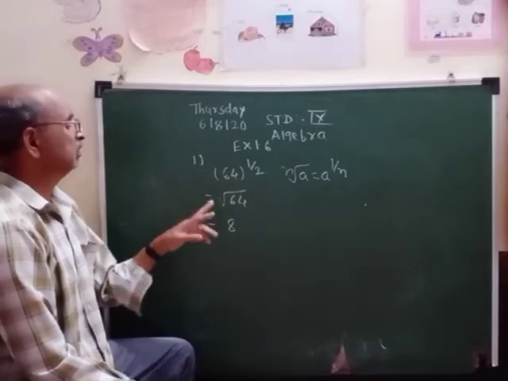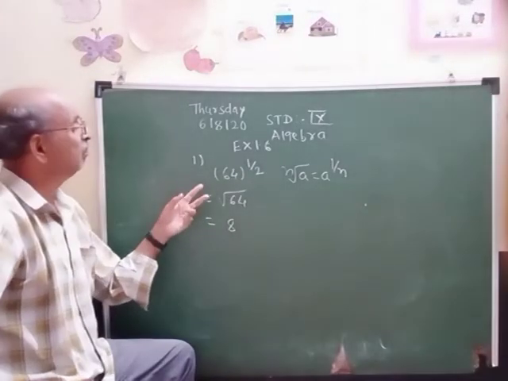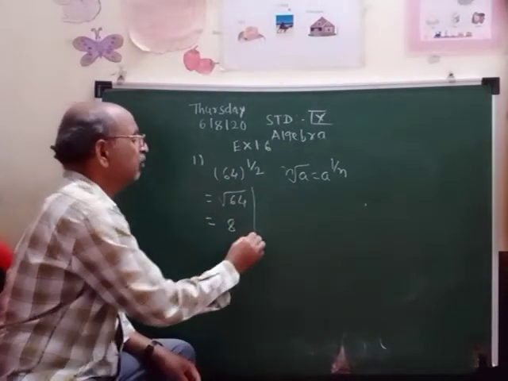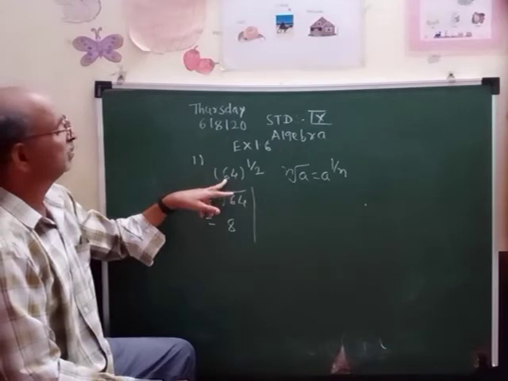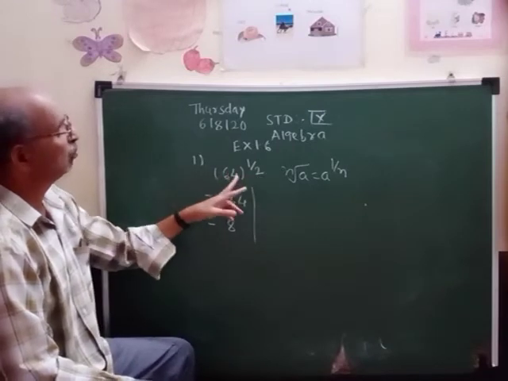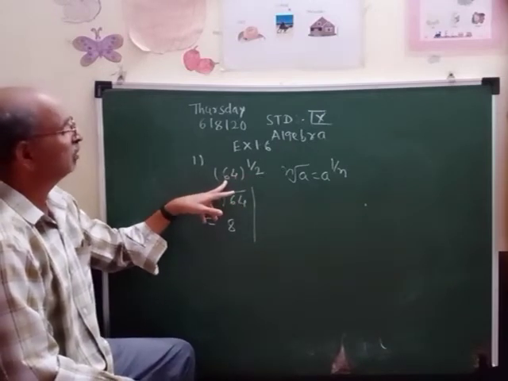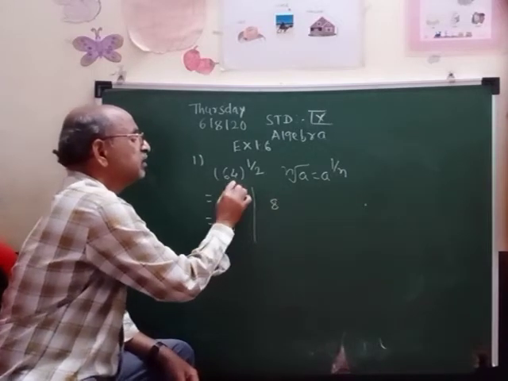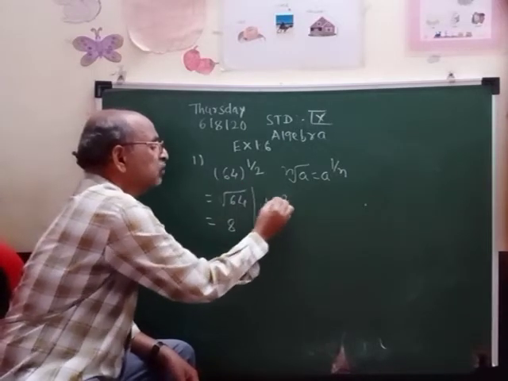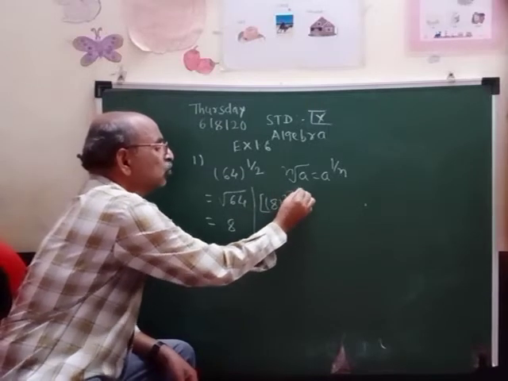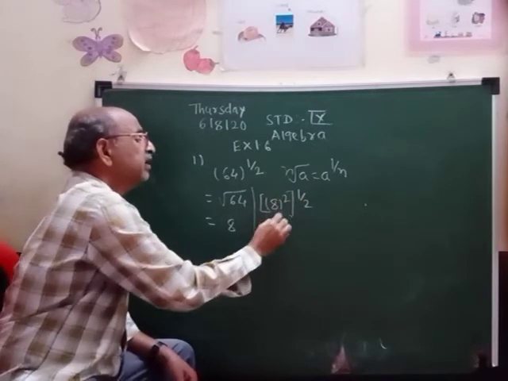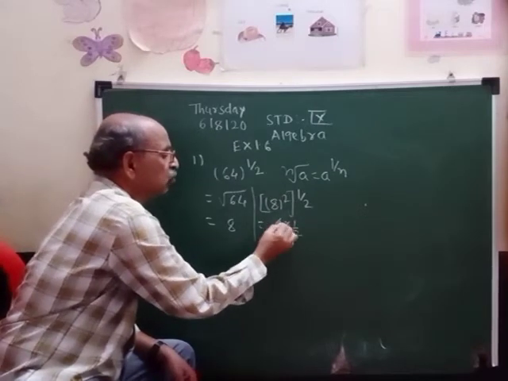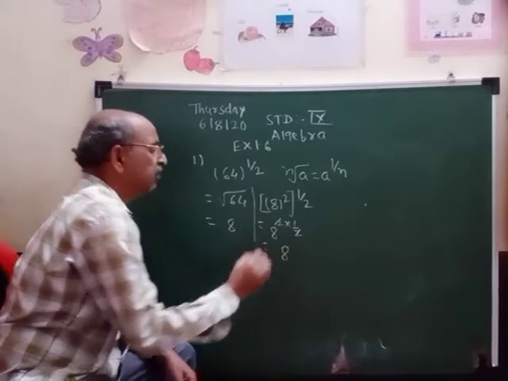Or if you know the perfect squares of numbers, that method we can also use. Now here 2 is there, so we have to find of which number 64 is the square. If you know the squares up to 30, 64 is the square of 8. So 8 squared raised to 1 half, and then 8 raised to 2 multiplied by 1 half, that is, the 2 cancels. So the answer will come 8.